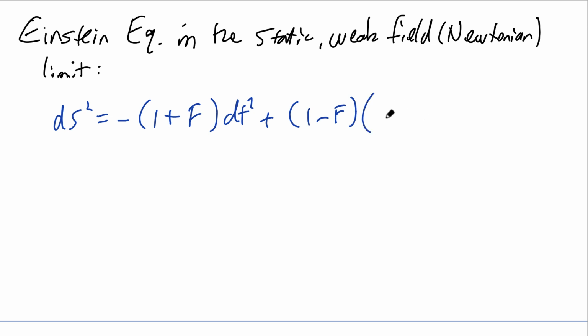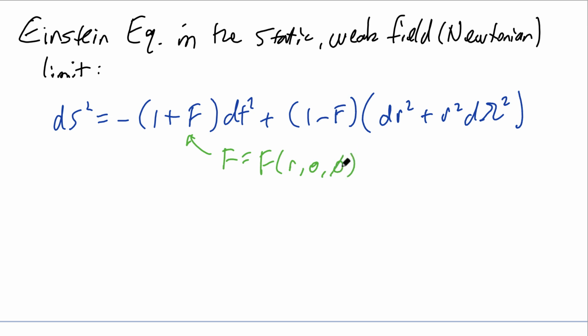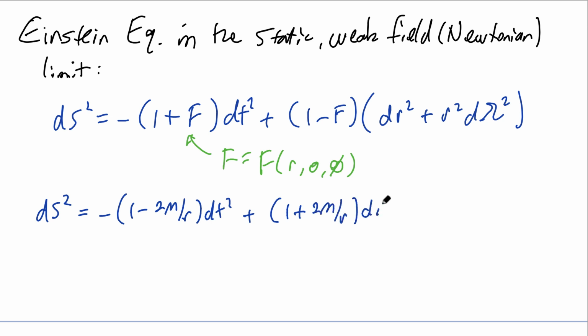And since we're using spherical coordinates, this is dr squared plus r squared d omega squared. So f in this case is a function of r, theta, and phi. So this is the general form for the metric in the Newtonian limit, and we can compare this to the Schwarzschild metric, which is minus (1 minus 2m over r) dt squared, and in the limit of weak gravitational fields, where 2m over r is small, this next term is (1 plus 2m over r) dr squared.